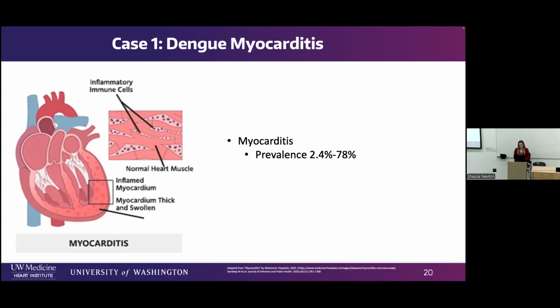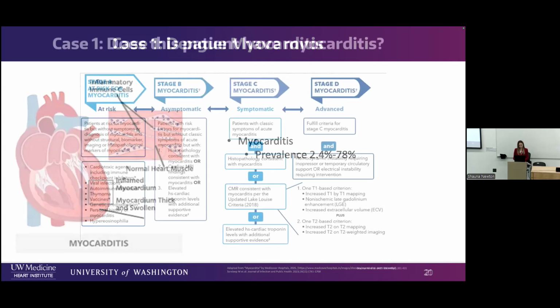I think this is mainly driven by the way that people diagnose myocarditis. In several of the papers, it was just based on elevated troponin and EKG findings. So I think there's probably just a lot of myocardial injury in patients with dengue, but not necessarily myocarditis.